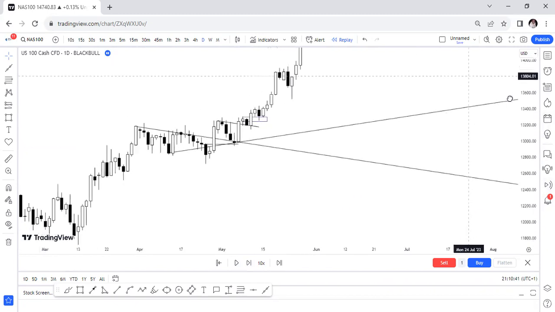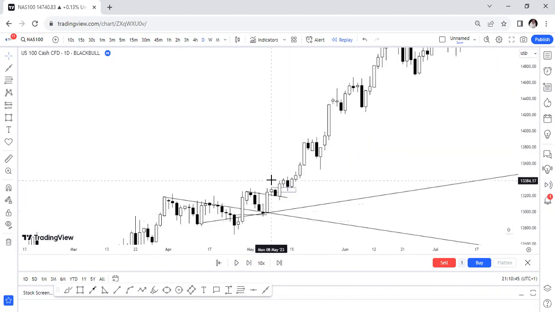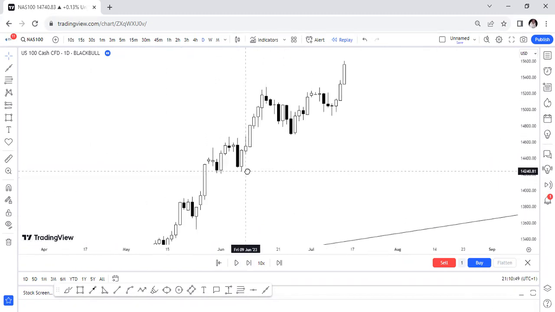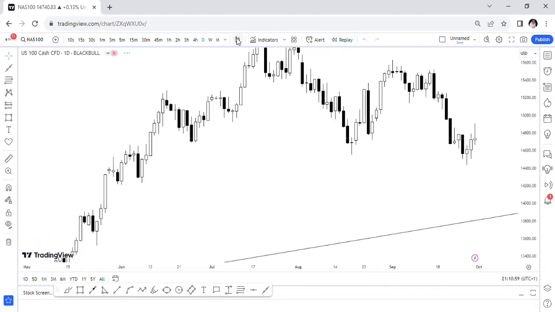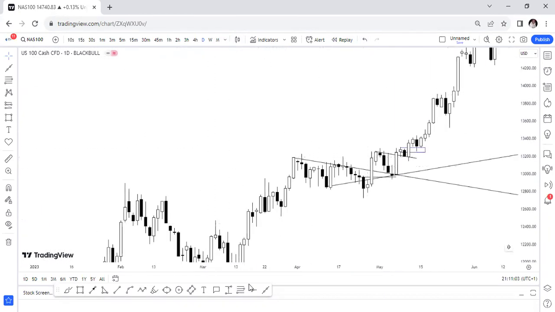So that is the power of this. You can imagine the big move there.